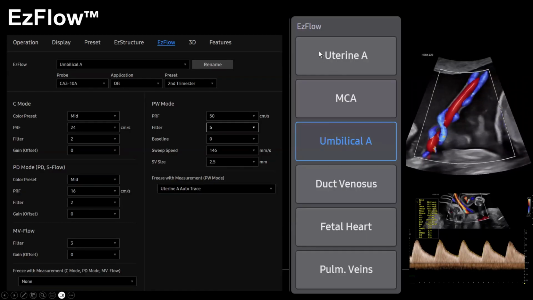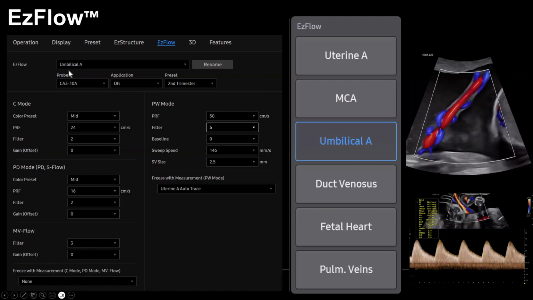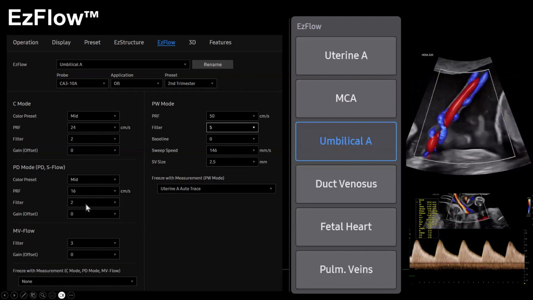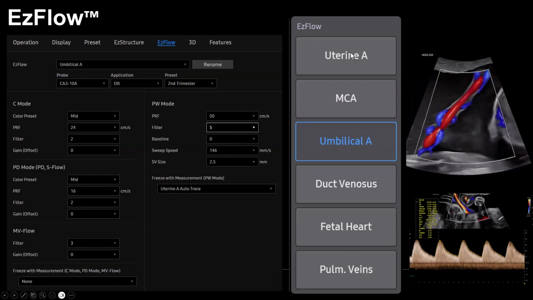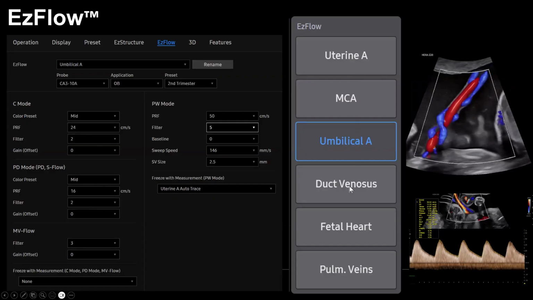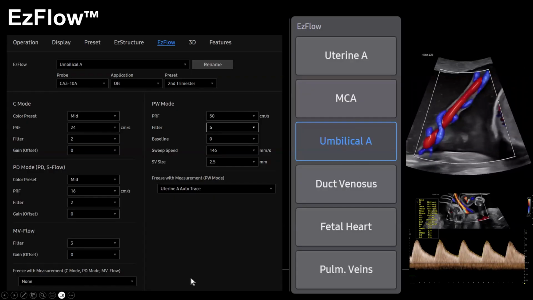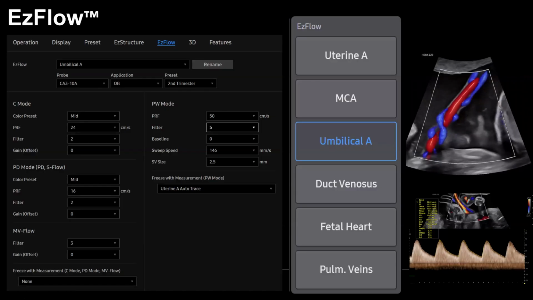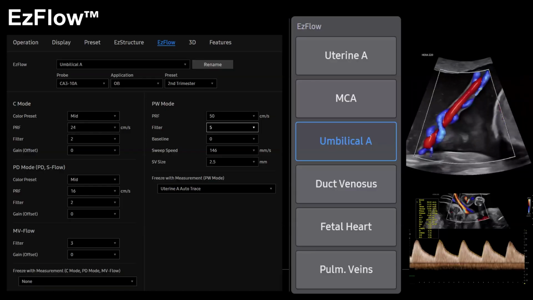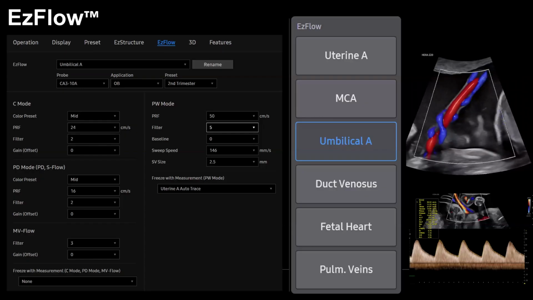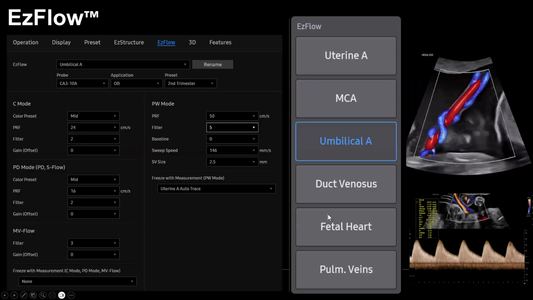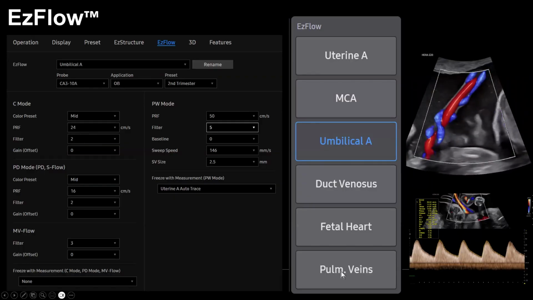It has presets specifically designed, and they are fully customizable for each type of flow and each anatomical structure. Here we have the preset for the uterine arteries. They're not very often utilized in the United States, but what is really used a lot is the MCA and the umbilical artery, ductus venosus, and here on the bottom is the heart itself and the pulmonary veins.